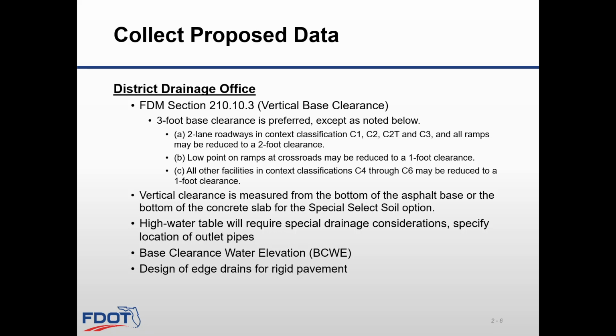A 2-lane roadway in context classification C1, C2, C2T, and C3 and all ramps may be reduced to a 2-foot clearance. A low point on ramps at crossroads may be reduced to a 1-foot clearance. All other facilities in context classifications C4 through C6 may be reduced to a 1-foot clearance.